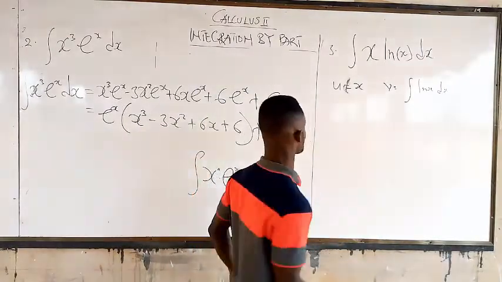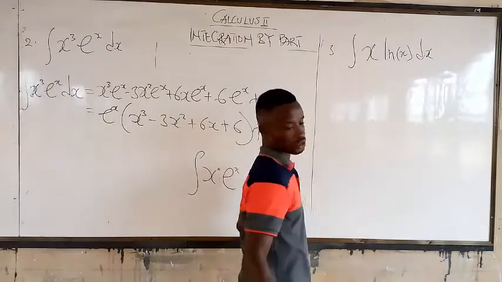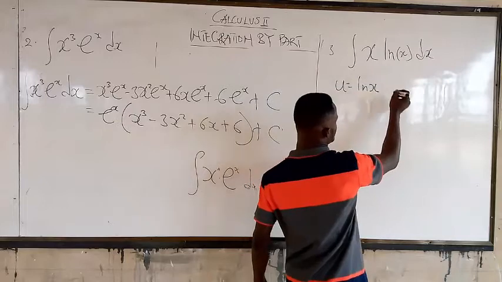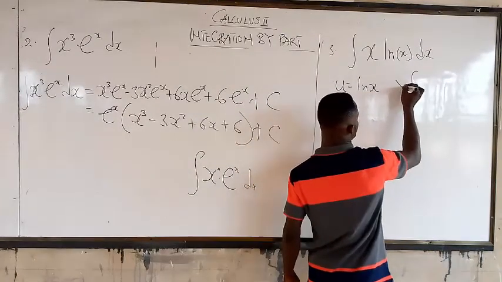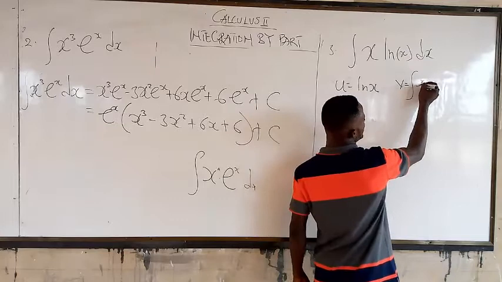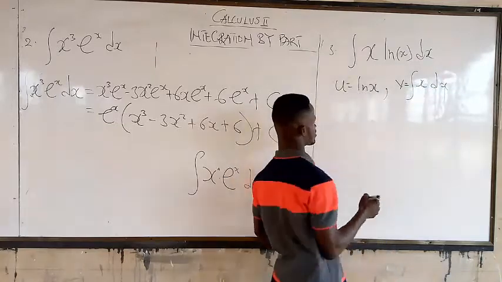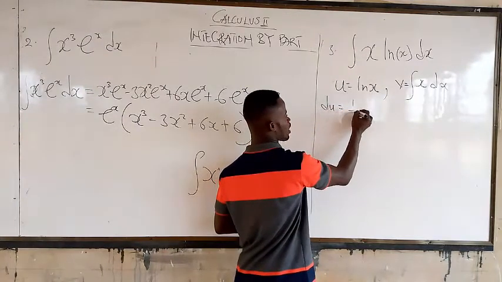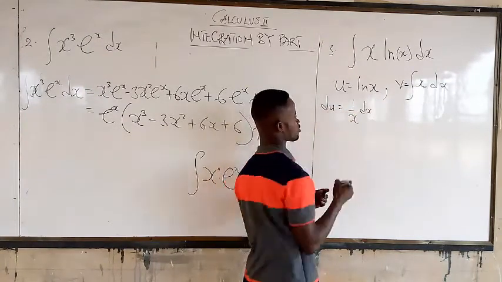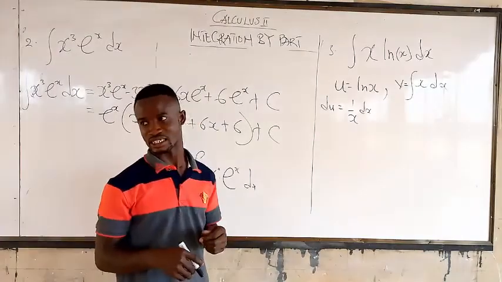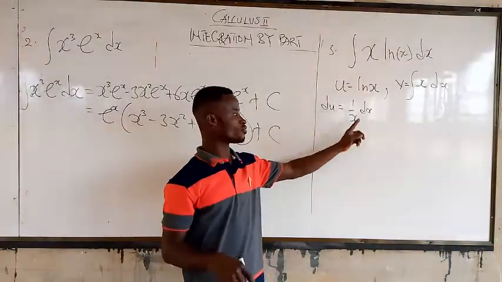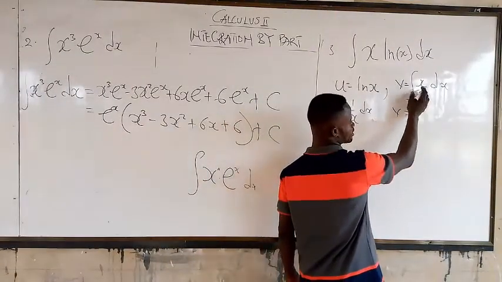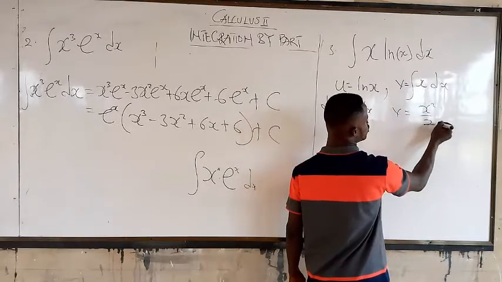So here you set your u to be equal to ln s, then the rest become v, which is s ds. So when you differentiate this, you get 1 over s ds. I hope you can see that. So du/ds equal to 1 over s is the same as this. And when you integrate this, you get s squared over 2.